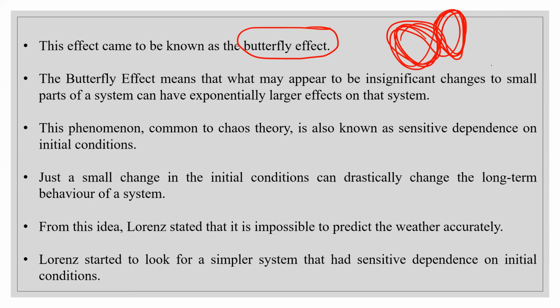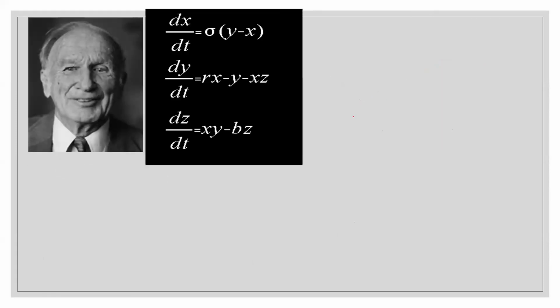So he gave this idea and said that it is impossible to predict the weather accurately, because weather is so sensitive to the numbers. If you change a little bit of a number, the scenario can change completely. So we cannot predict the weather accurately at any time. It is impossible. We will see this one also in our lab.